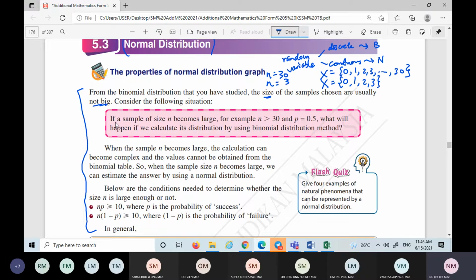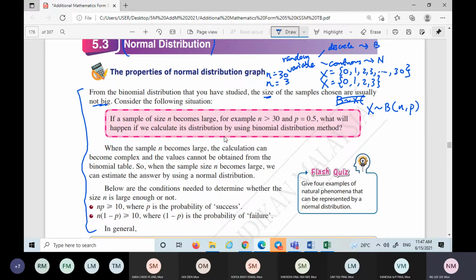So if a sample of size n becomes large, for example n bigger than 30, and the p, still remember the p is the probability for success. This is how you write the binomial distributions. Oh, sorry, I wrote wrongly. X follows binomial n, p. So n is the size of the sample and p is the probability for success.